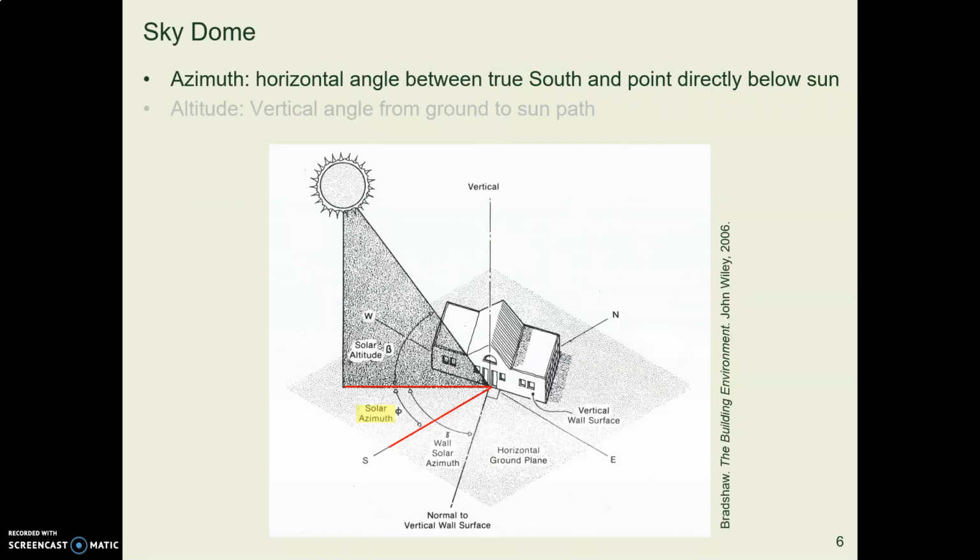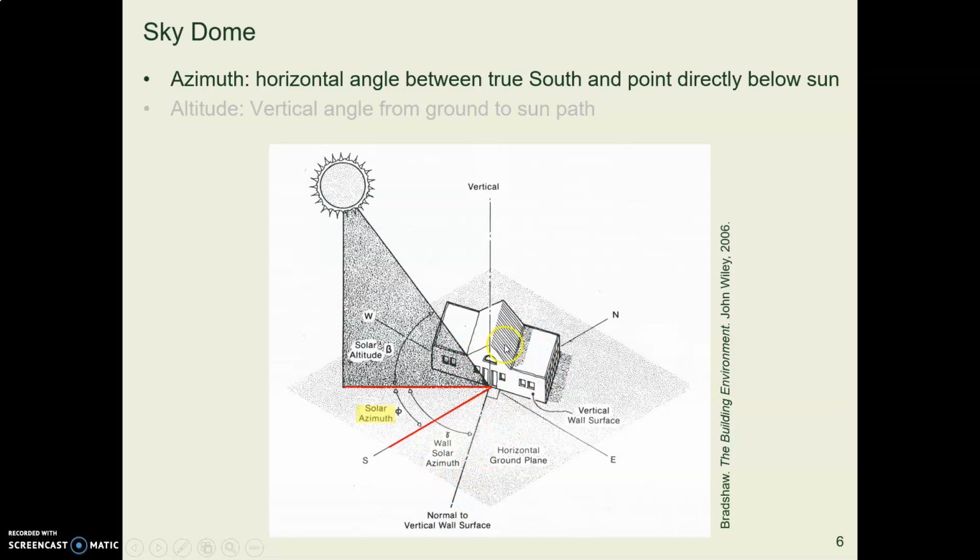All right. There are two kinds of measurements you will want to know about when you're planning the windows in your building. And one of them is called azimuth. Azimuth means what angle is the sun on the ground away from true south.